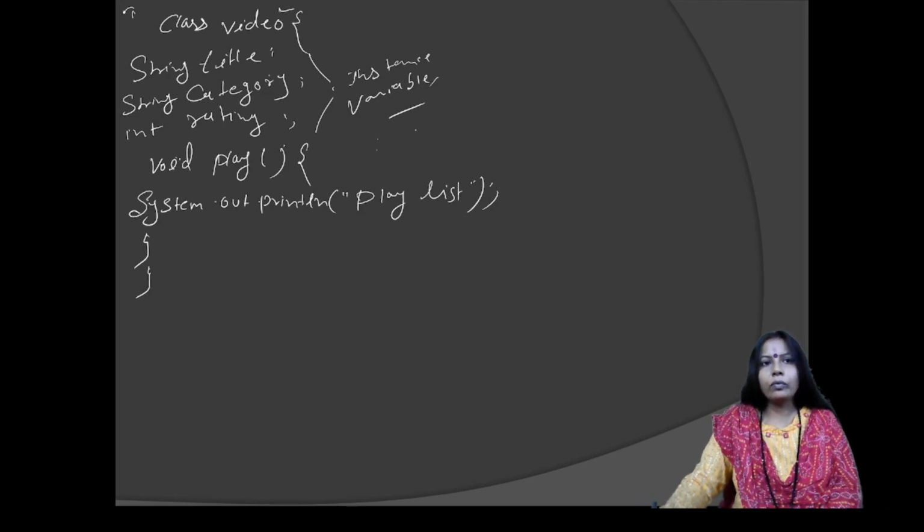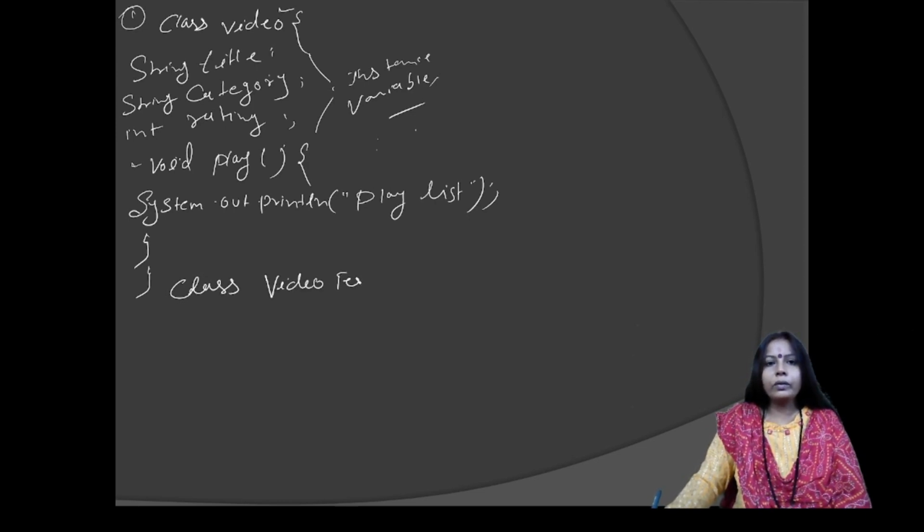Here I create first class, where I declare our variable and method according to our requirement. Now here I use second class as the test class. So again I write here class VideoTest. Now inside this, in the tester class, I use main method.